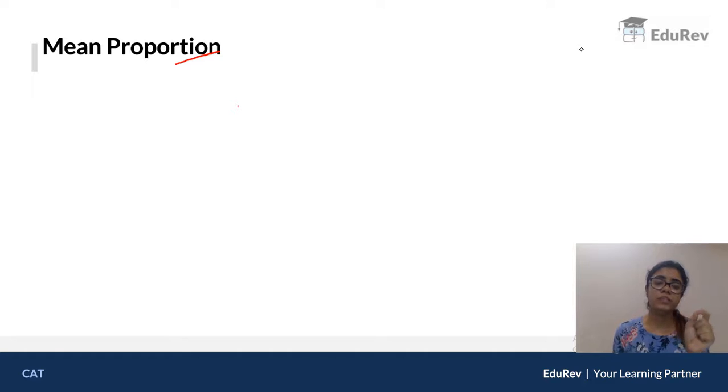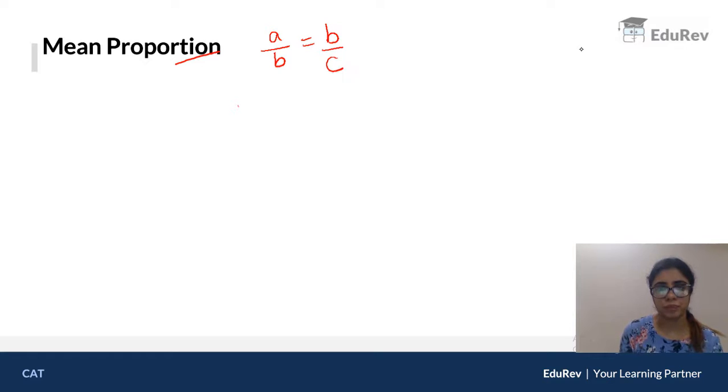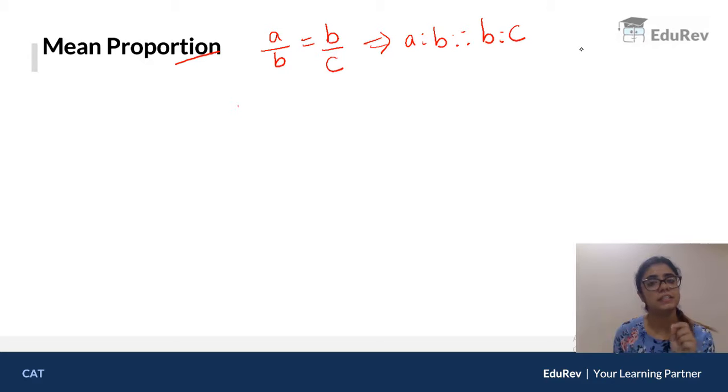Now when you say the term mean, matlab the middle two terms. So when the middle two terms are equal, it is said to be in mean proportion. So that means A upon B is equal to B upon C. So basically you write this as A is to B is the same as B is to C. Okay, so when the mean term is the same, it is called mean proportion.